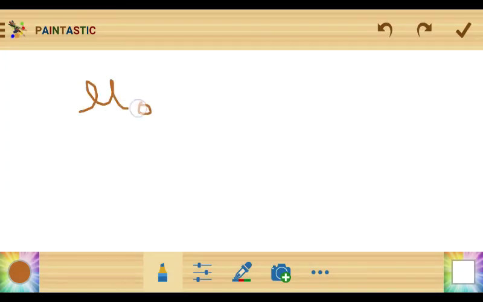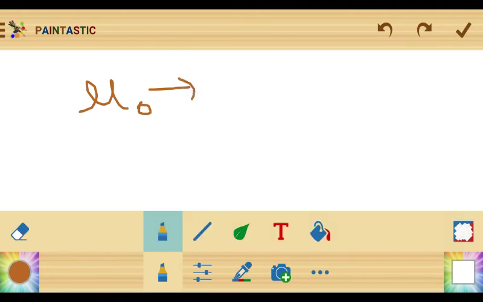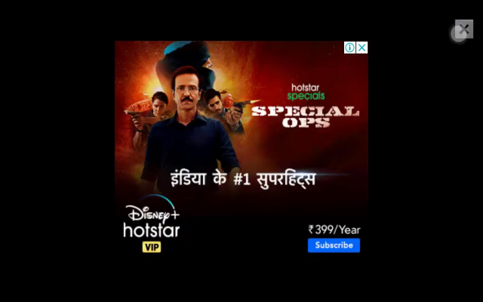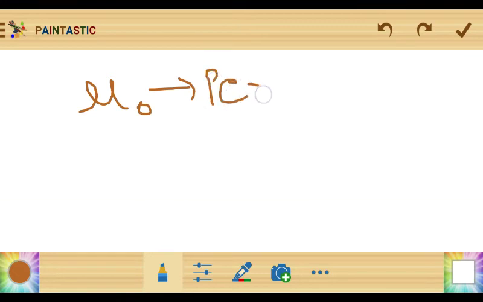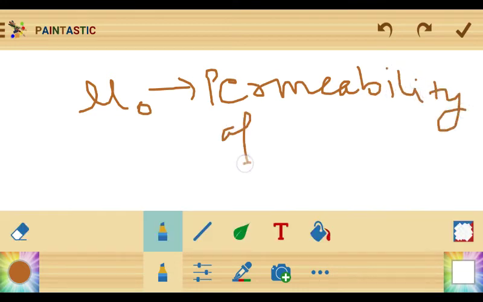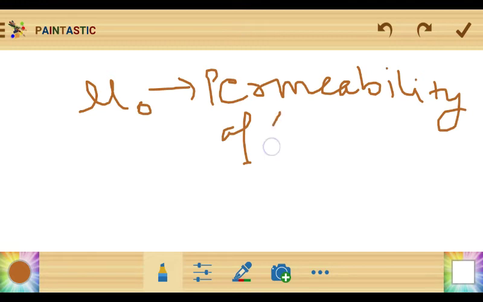where mu 0 is a new quantity, just like epsilon 0 is the permittivity of free space, mu 0 is the permeability of free space.